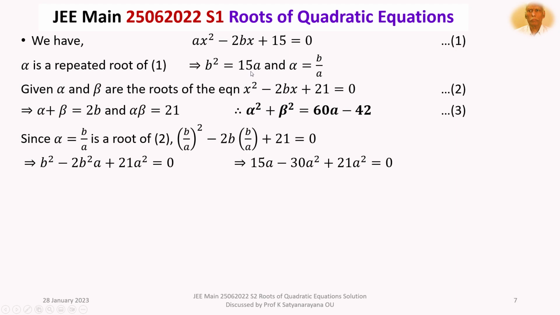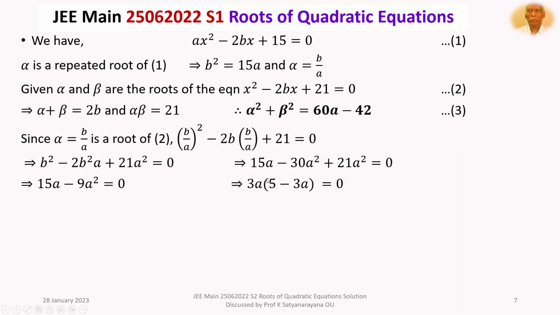Now, b square is equal to 15a. So, for b square, you substitute 15a. For 2b square, that is 30a into a, that is 30a square, plus 21a square. So, minus 30a square plus 21a square is minus 9a square. So, 15a minus 9a square is equal to 0. 3a is common.